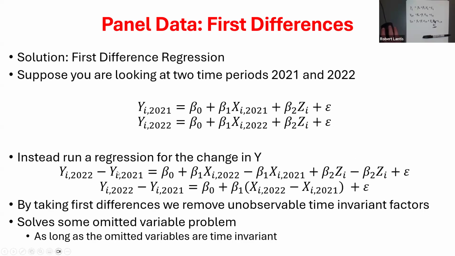So by looking at these first difference regressions, we might get very different values for the size of that coefficient beta 1. So this is one of the solutions we have. We brought up this omitted variable problem a lot in class. This is one solution to it.